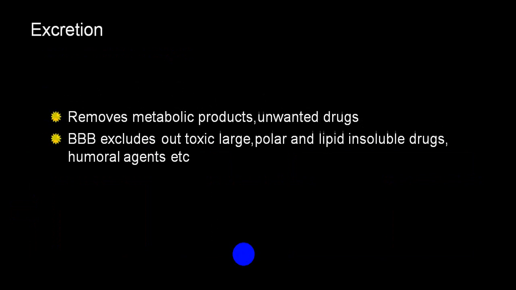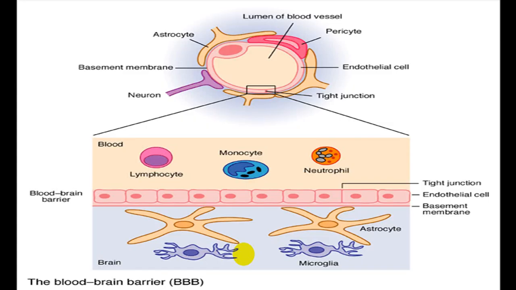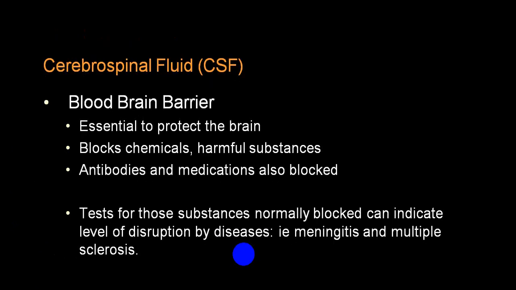Mainly the blood brain barrier is acting maximally, and this is the function of the blood brain barrier system. I'm not going into detail regarding the blood brain barrier system. The blood brain barrier is essential to protect the brain.